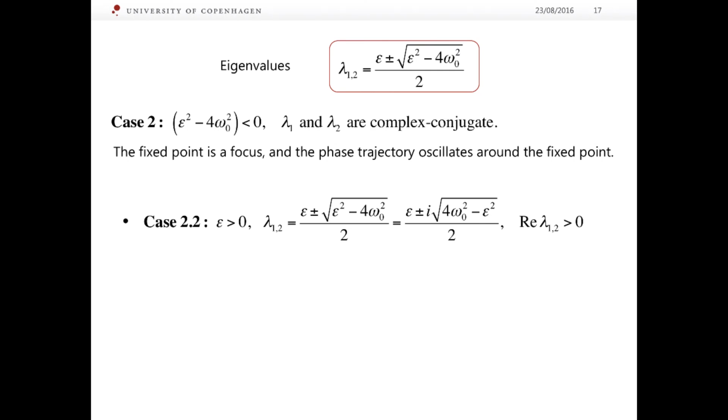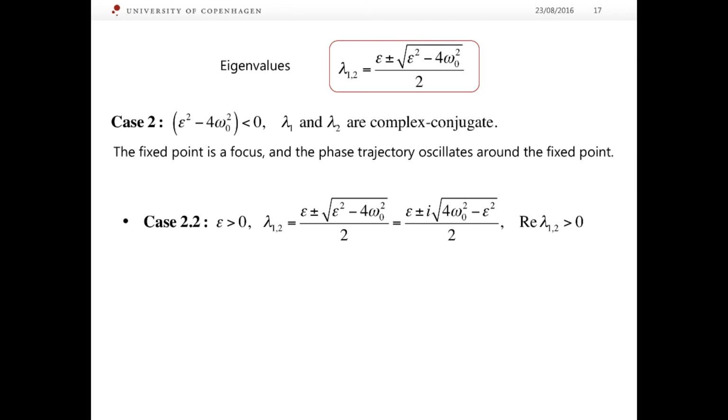Now consider the second subcase, in which we assume that epsilon is a positive number. As we showed in the previous slide, epsilon over 2 appears to be the real part of complex conjugate eigenvalues. And the real part of complex conjugate eigenvalues shows how small deviation from the fixed point fluctuates around the fixed point, if it is going to increase or decrease in time.